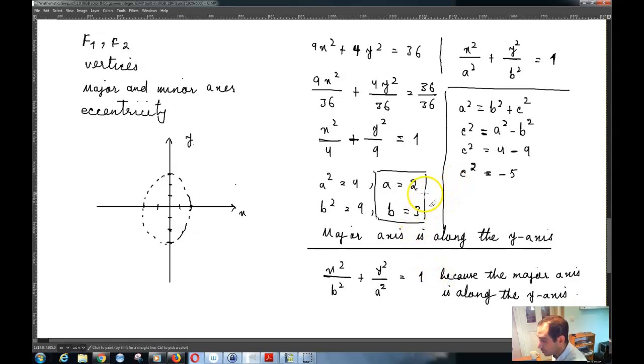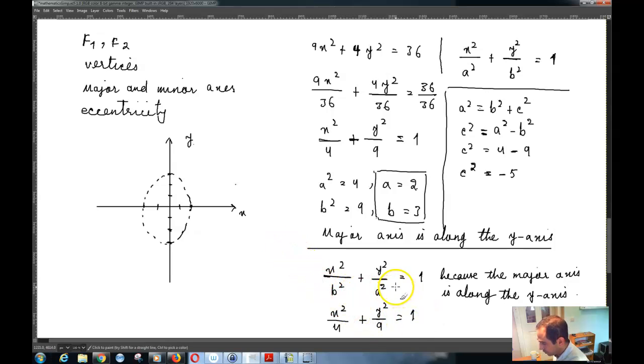So then what that means is that now my equation over here was x squared by 4 plus y squared by 9 is equal to 1.